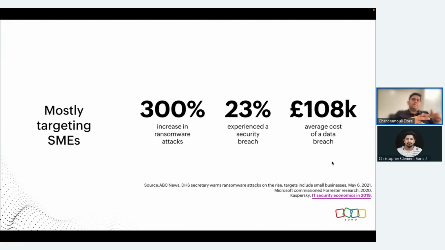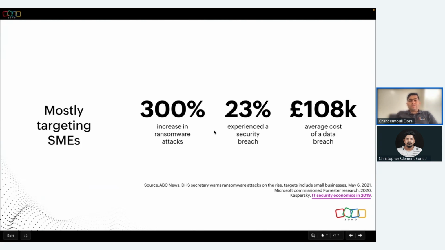Because large enterprises are often equipped with the right cybersecurity resources and tools. Whereas SMEs lack the expertise or the resources to manage cybersecurity, and they also lack the right set of tools to protect their identities. Cyber criminals know this exactly, and they target SMEs more often than ever before.